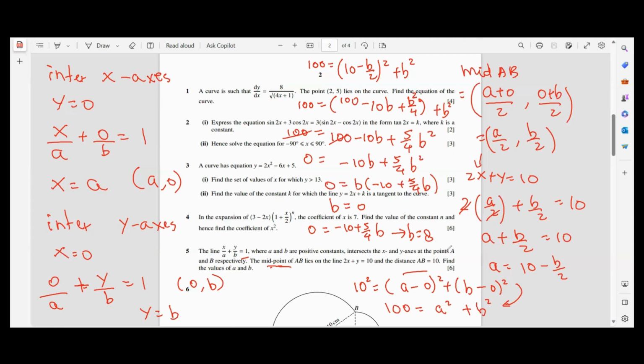If B is 8, I will get A equals 10 minus 8 over 2, so A equals 6. That is for number 5.